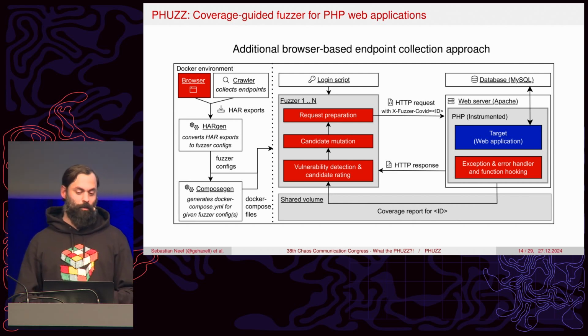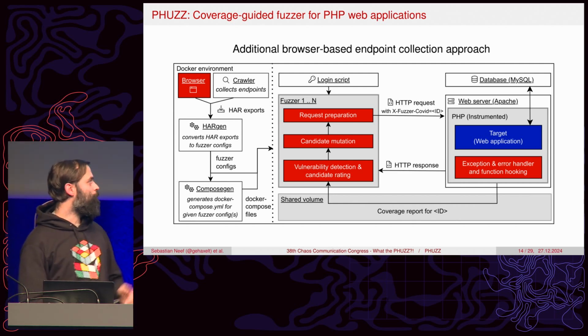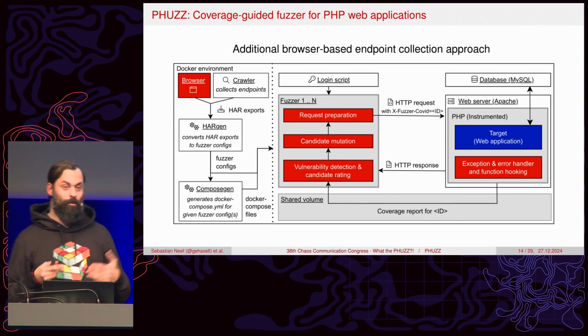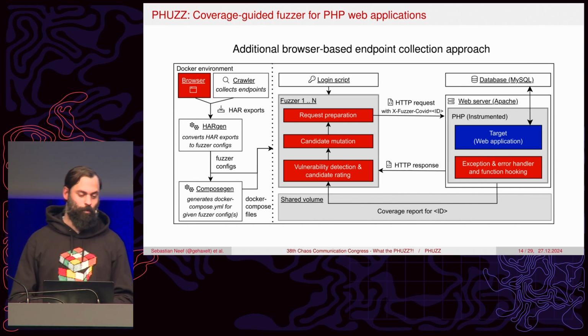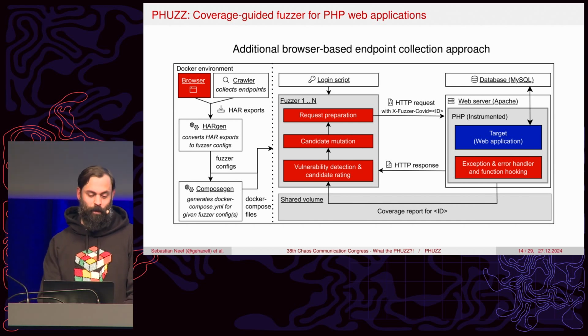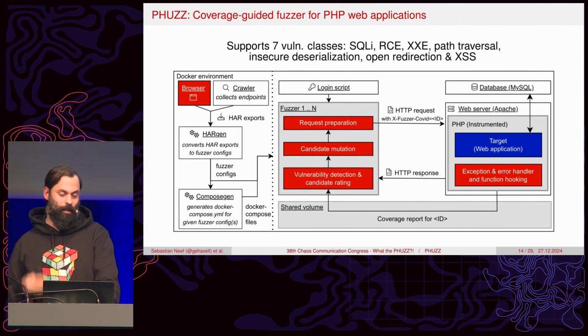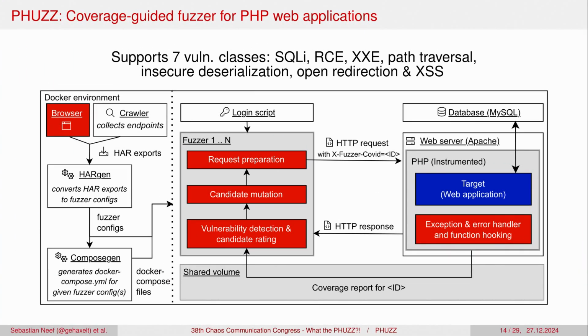As I just said, in addition to the crawler-based endpoint detection approach, we implemented a browser-based approach. That's why there is a box with a browser next to it. Then we have in the middle the core component, the fuzzer. You can see that there's fuzzer 1 to n. Our fuzzer supports parallel fuzzing from the get-go.